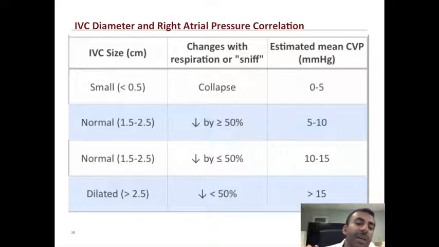If you have a range of 1.5 to 2.5 and your IVC is not collapsing more than 50%, that's 10 to 15. And if you have a dilated IVC of over 2.5 centimeters and you have basically minimal collapsibility, that's a CVP greater than 15.